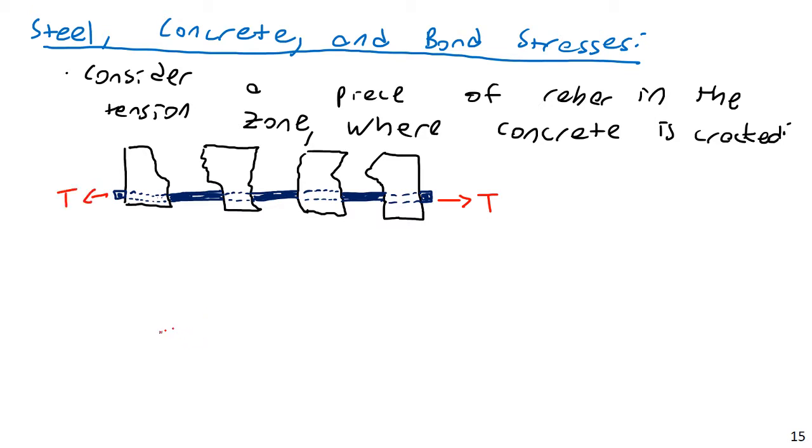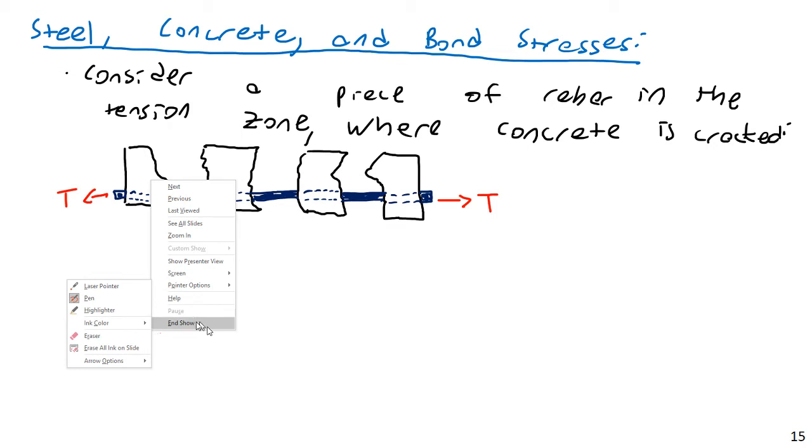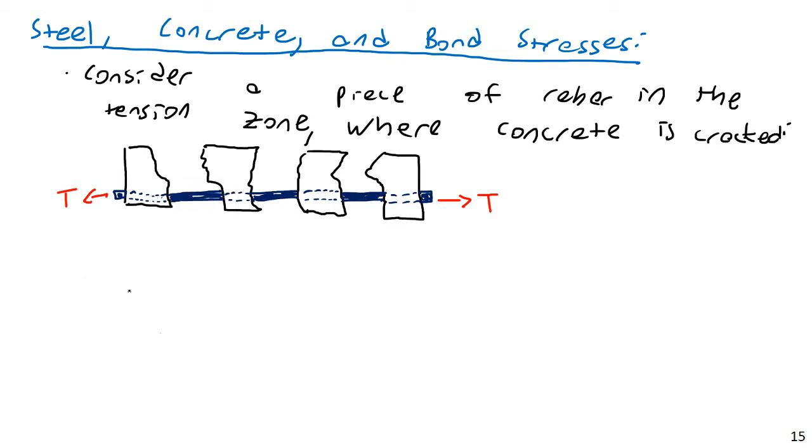Okay, so let's look then at the actual stress present in the steel. Because of this concrete starting, concrete stopping, concrete starting, concrete stopping, the stress in the steel is in turn not going to be uniform.